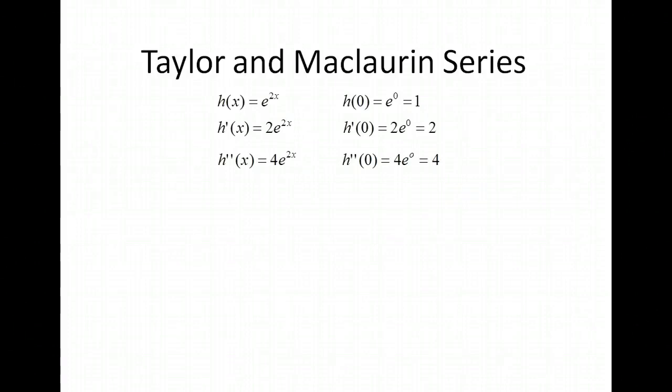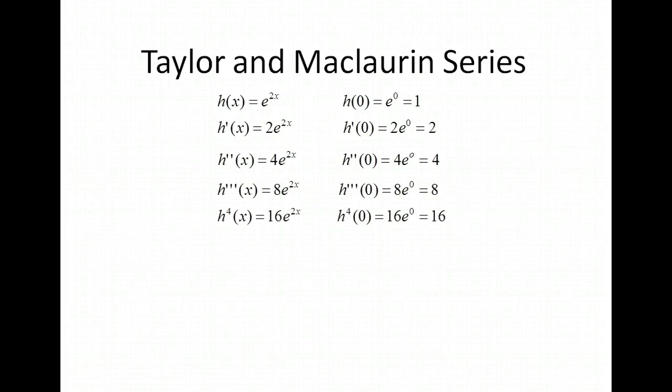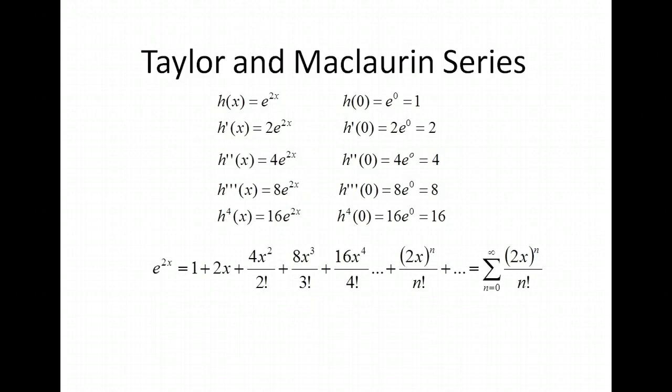Let's do a few more so we can see what the pattern is. And you can see that these coefficients are all powers of 2. So we can rewrite the polynomial as 1 plus 2x plus 2 squared or 4x squared over 2 factorial, 2 to the third or 8x cubed over 3 factorial, which gives us the sum exactly how we found it by using the substitution into the e to the x expansion.